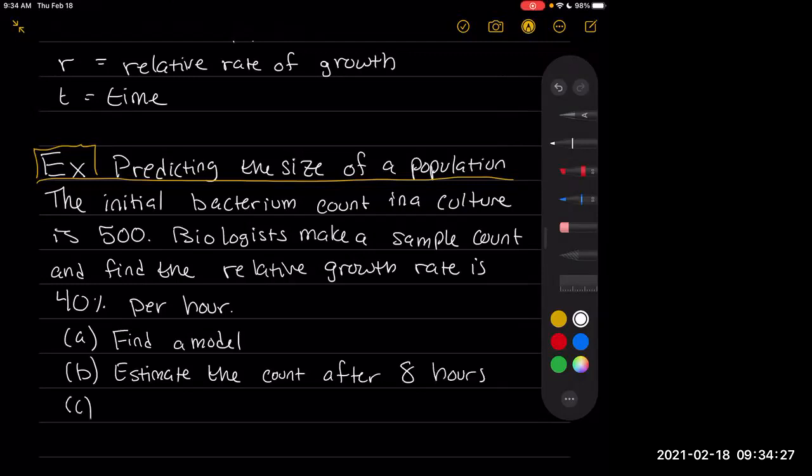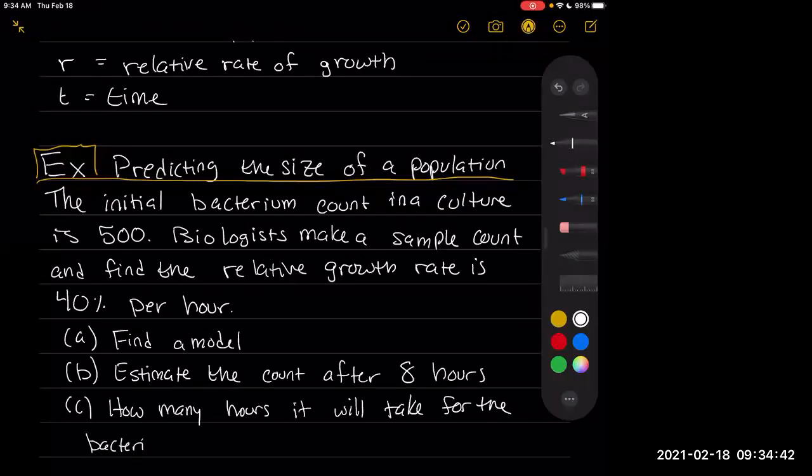And then we're going to find how many hours it will take for the bacteria count to reach 100,000.